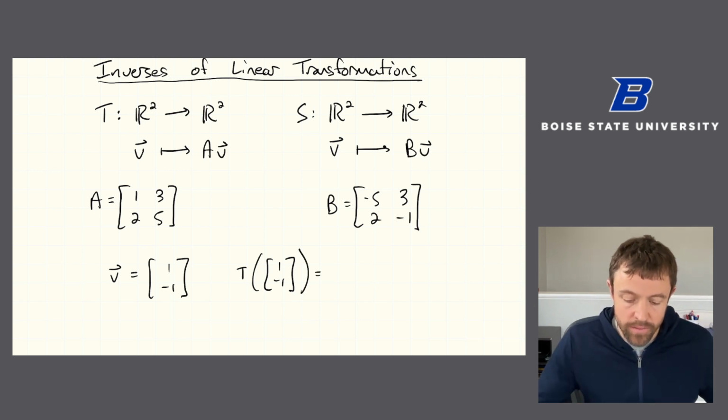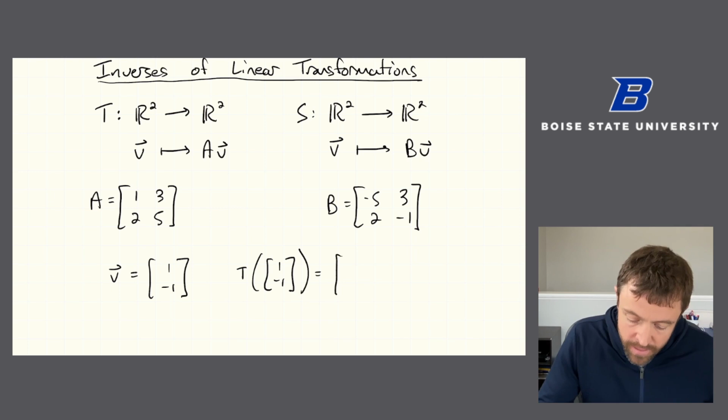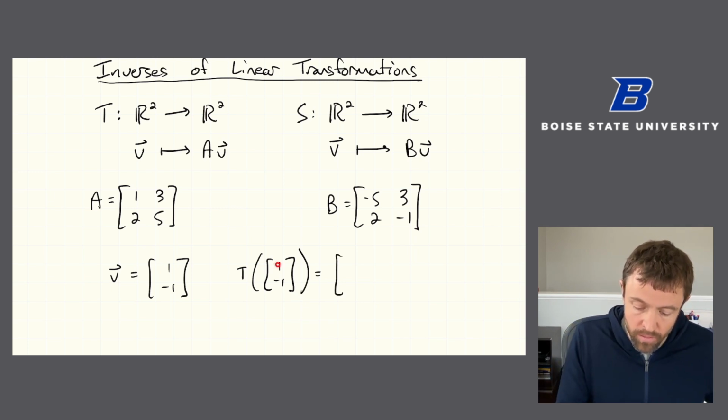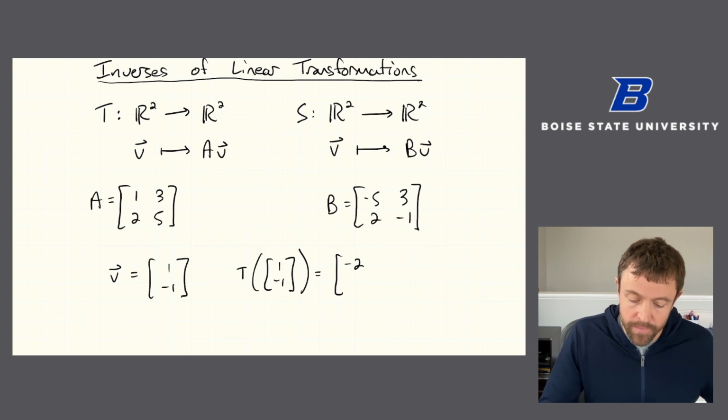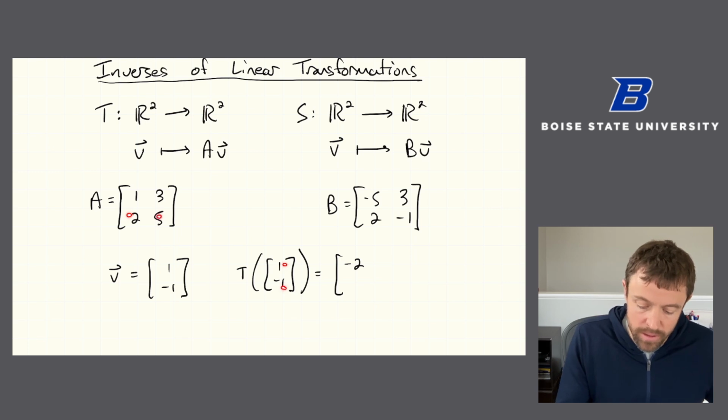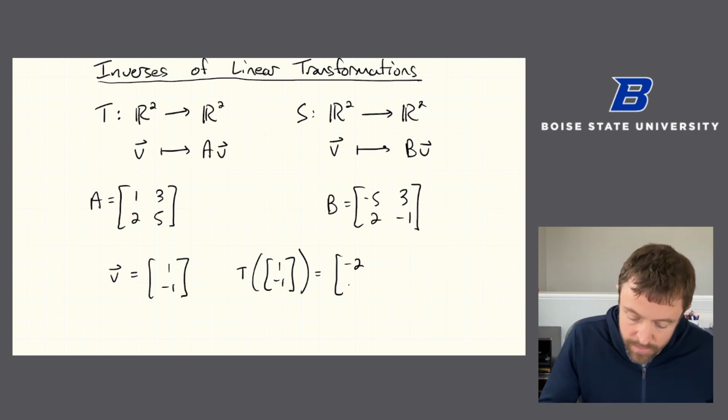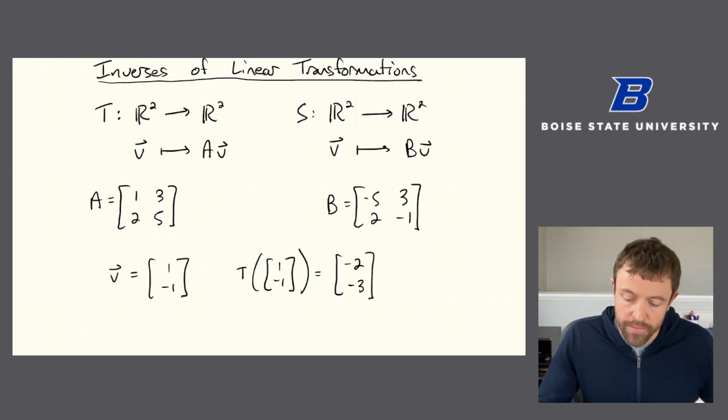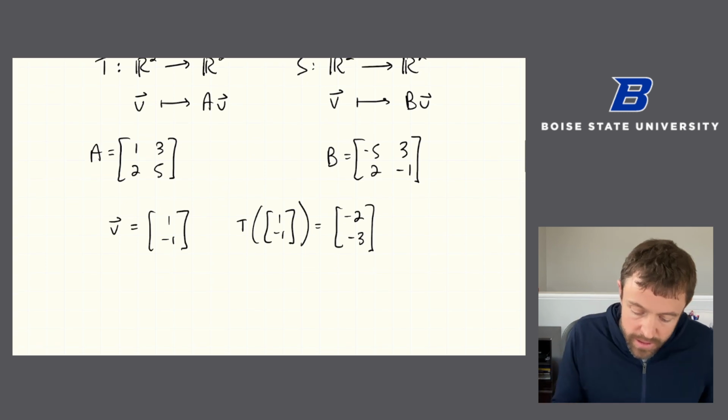And when I do that, I get 1 times 1 minus 1 times 3, which is minus 2, and 1 times 2 minus 1 times 5, which is minus 3. And now I'm going to take that vector and plug it into S.